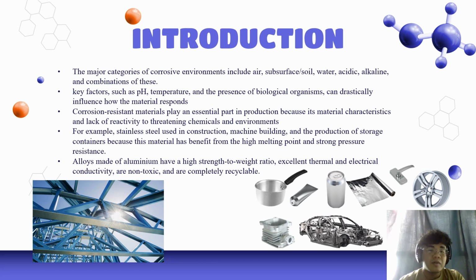So for example, we have stainless steel is widely used in construction, machine building, and the production of storage container because stainless steel have high melting point and strong pressure resistance. So another example, we have aluminum, which has high strength to weight ratio and excellent thermal and electrical conductivity, and also aluminum are non-toxic and are completely recyclable.